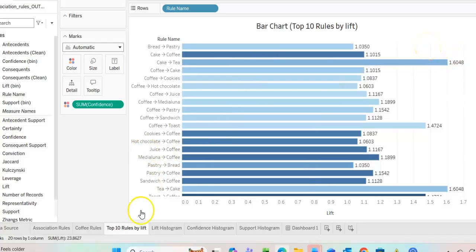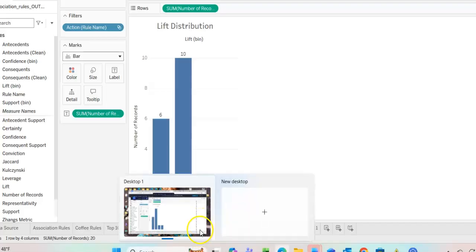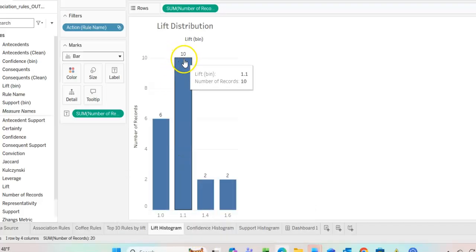And the next one I'm going to talk about is the lift histogram, which I call the lift distribution. This illustrates how lift values are distributed across all rules. Most rules fall slightly above 1, meaning moderate associations, but a few rules stand out as strong.